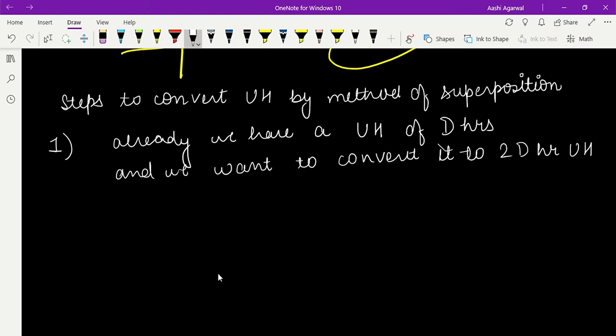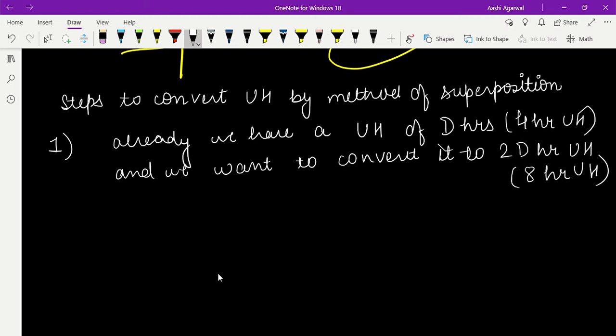For example, here I have a 4-hour UH and I want to develop an 8-hour UH. So n will be 2. Please note, I cannot do the reverse using this method. I cannot generate a 4-hour unit hydrograph from an 8-hour unit hydrograph.